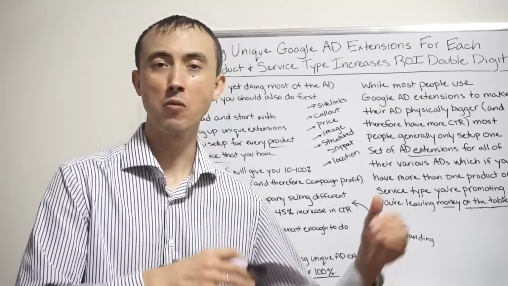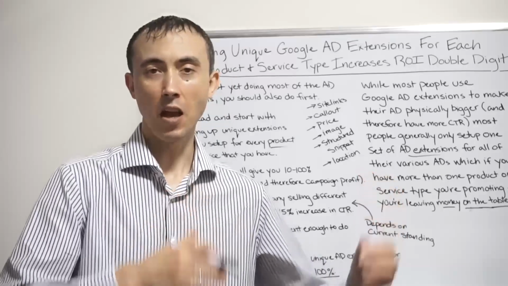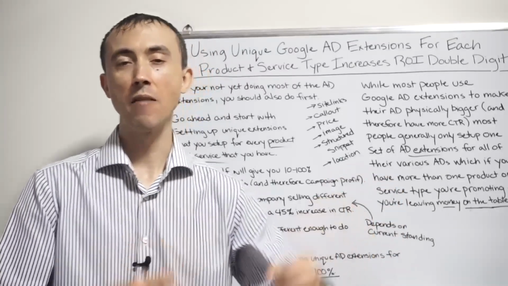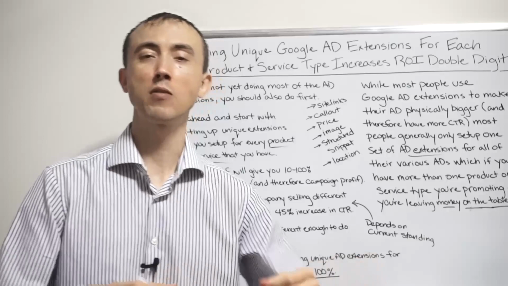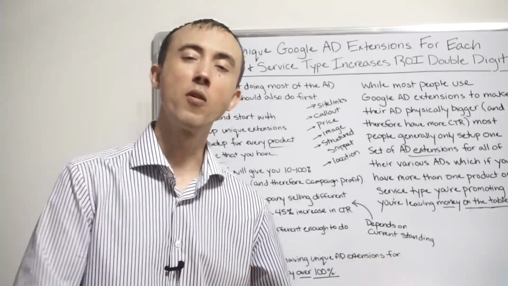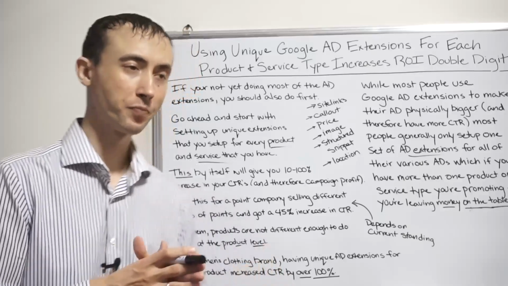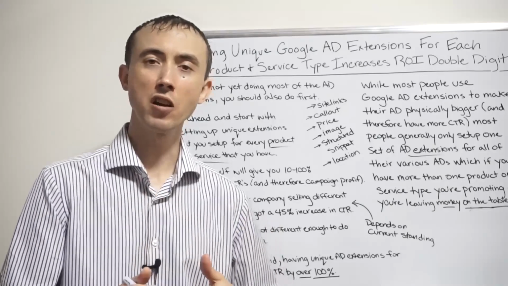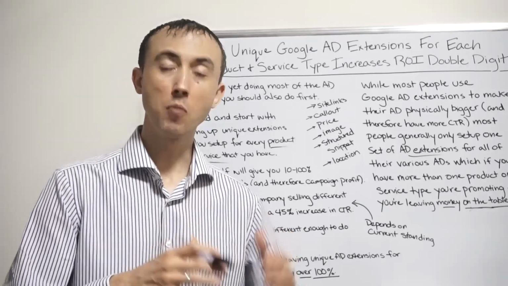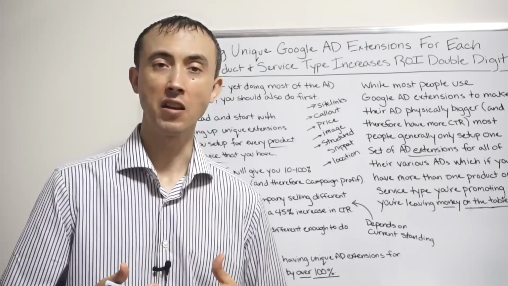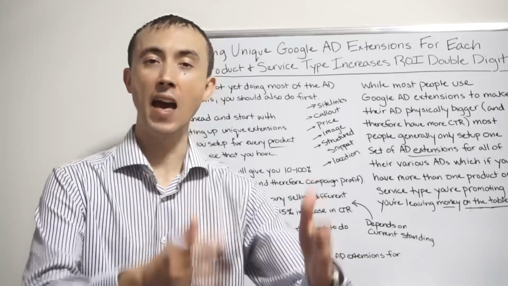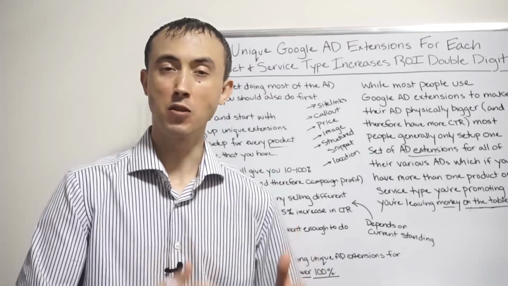And so you would need to start with a campaign or at least one ad group for every product first. Then you would write unique ad extensions for each ad group, given that each ad group promotes a different product, or at least you're going to make sure that every single keyword that you're targeting has its own ad group, so you can have an ad for every individual keyword.